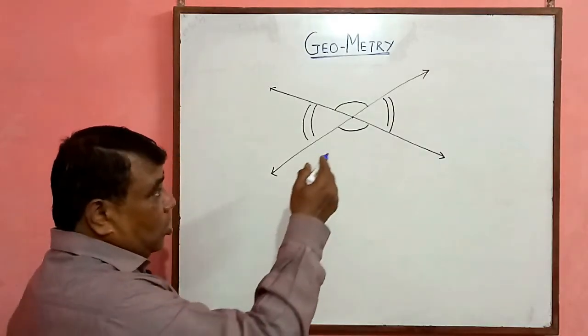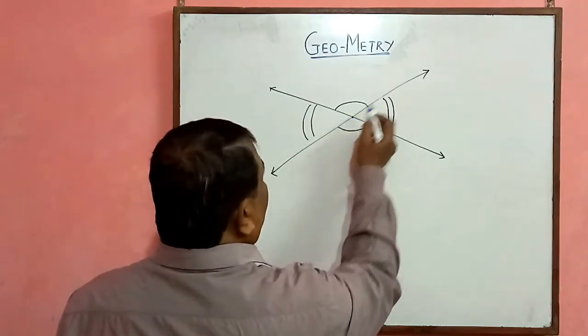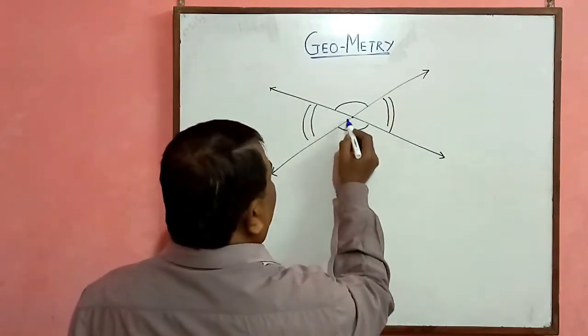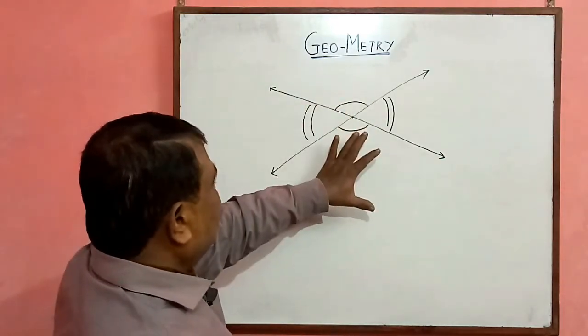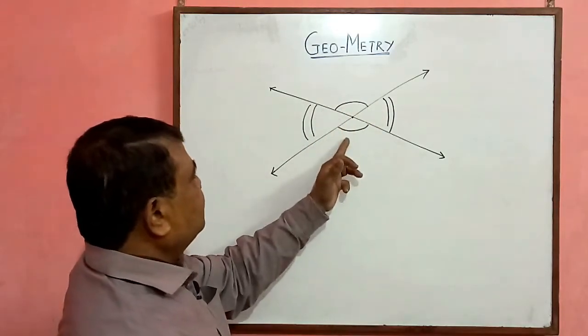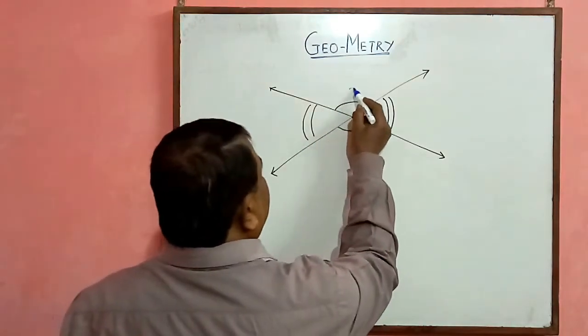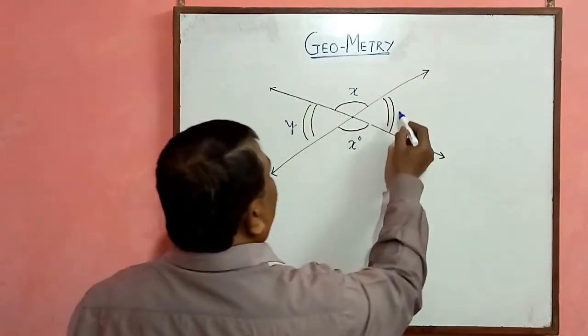So now we have come to know that when two lines are intersecting at a point, we have four angles. Out of these four angles, vertically opposite angles are equal. So if this is x, this will also be x. If this is y, this will also be y.